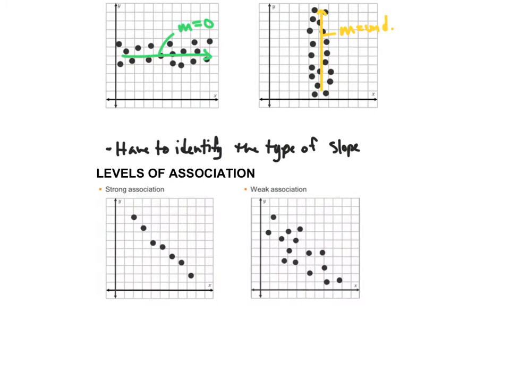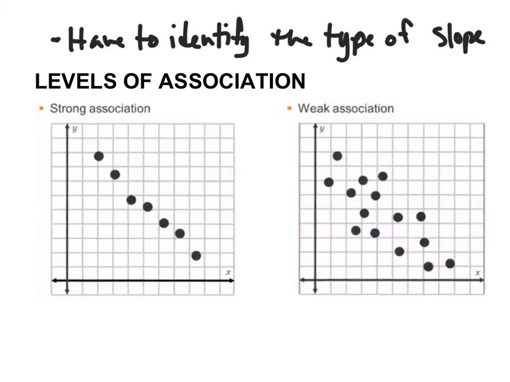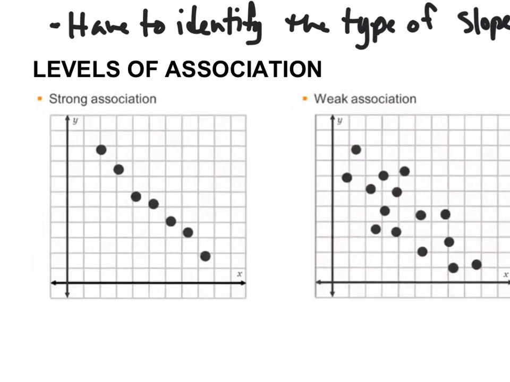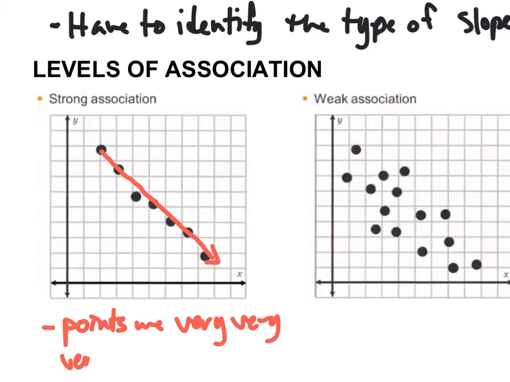All right, now let's talk about levels of association. You could have data points that have a pretty good correlation or association. If I draw a line here that fits the data, strong association means that the points are very, very close to the line.